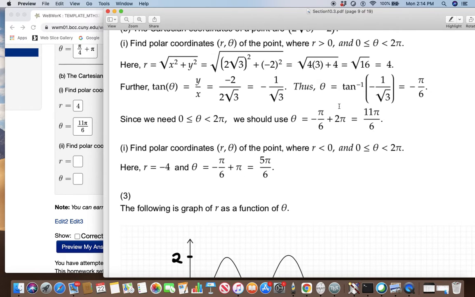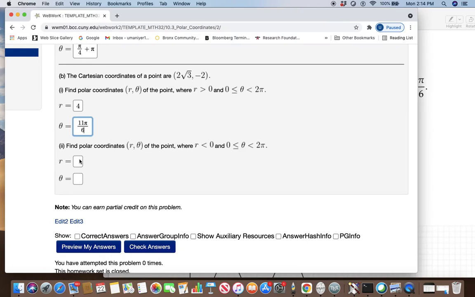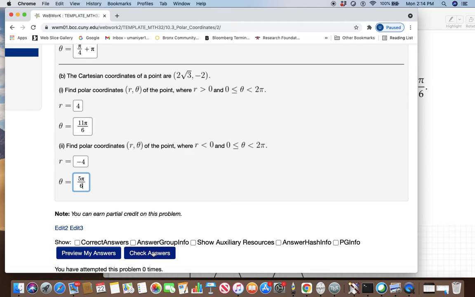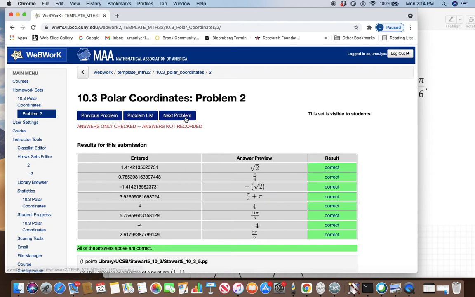Adding 2 pi brings me to the same location. Adding pi takes me to the opposite location. So 5 pi over 6. So here is negative 4 and here is 5 pi over 6. Let's check. Everything is correct.